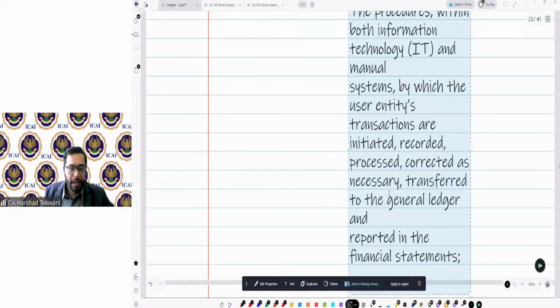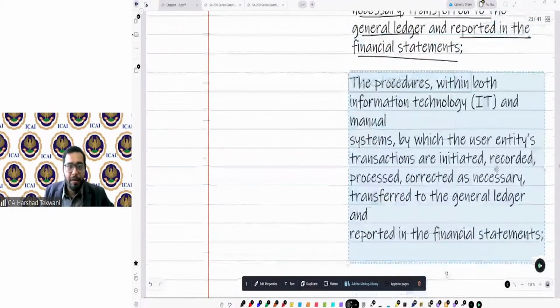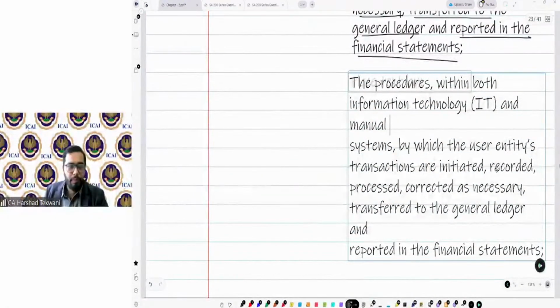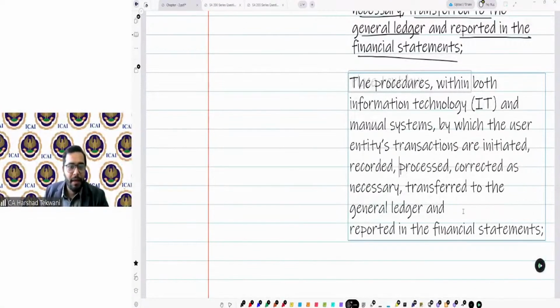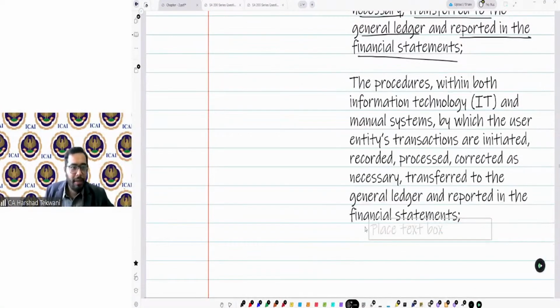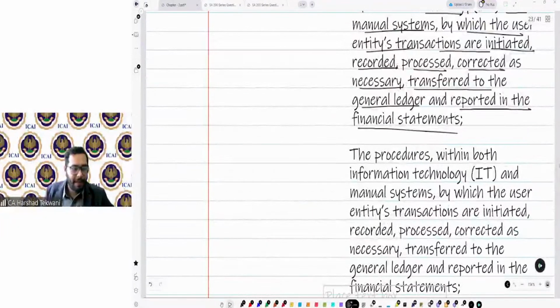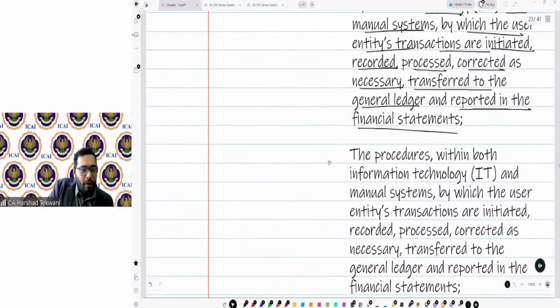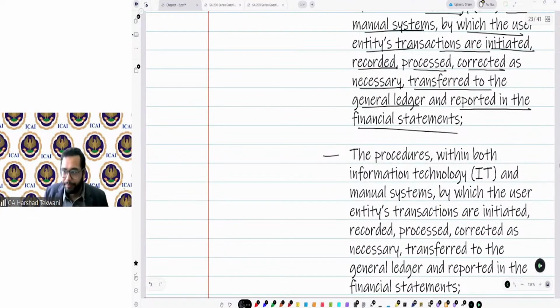A lot of things are there in that case, but they are related to the accounting records. If that is the case, then yes, that is very important and we will consider that information. And we'll see that this information is useful to the user entity.